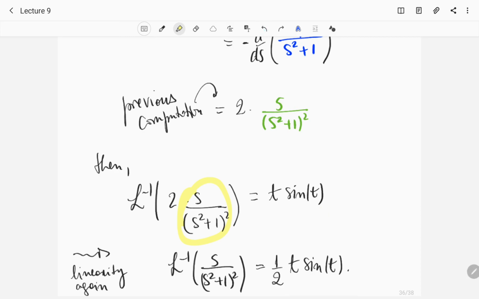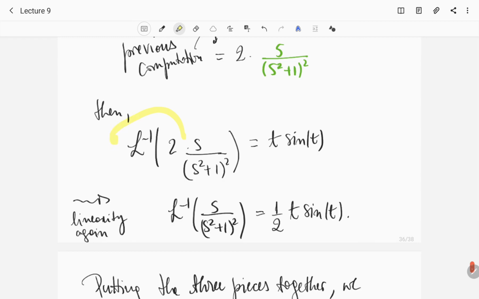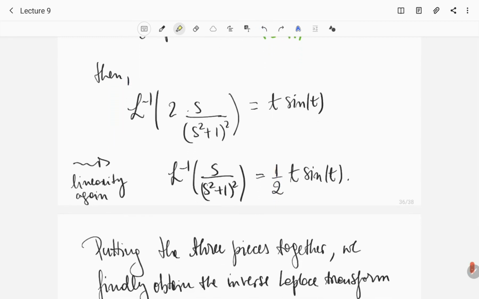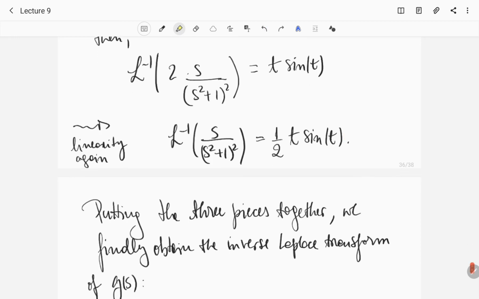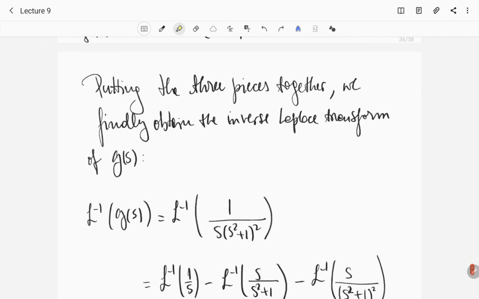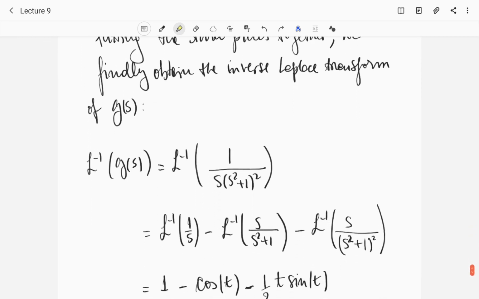Okay, but the Laplace transform and the inverse Laplace transform are linear, so this 2 can go out first and then go to the other side. So finally, we know that the third piece of our inverse Laplace transform comes from the function t times sine of t over 2.